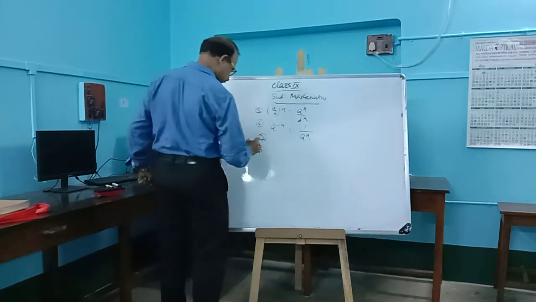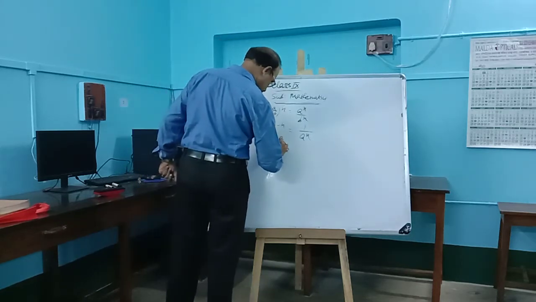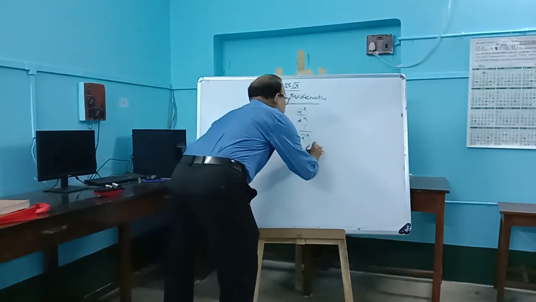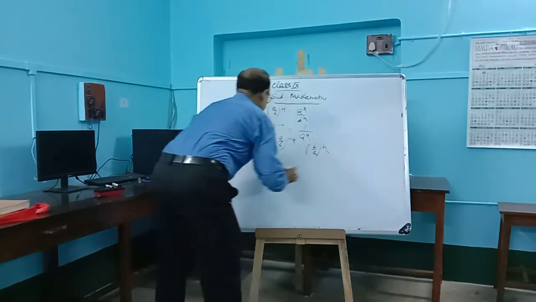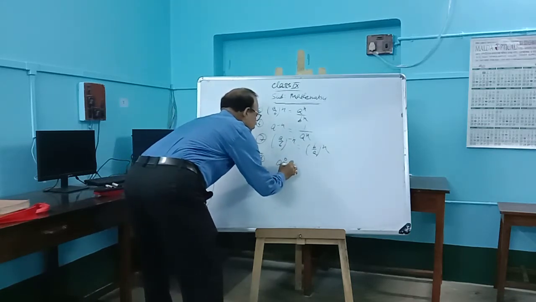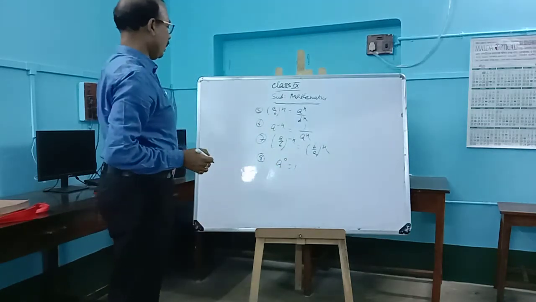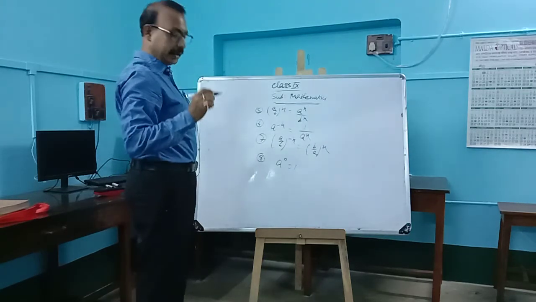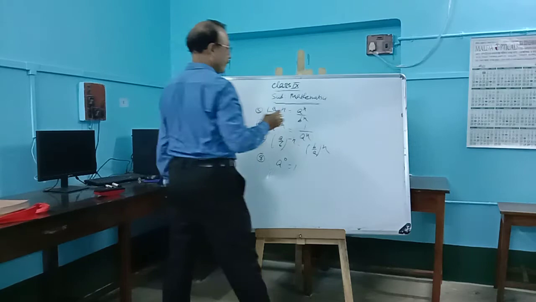Number 7: (a by b) to the power minus x is (b by a) to the power x. Number 8: a to the power 0 equals 1, always. Let me explain why a to the power 0 is 1, look here.